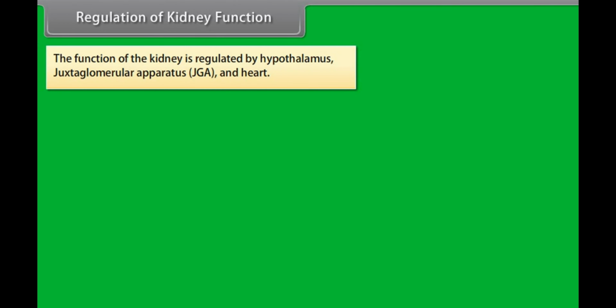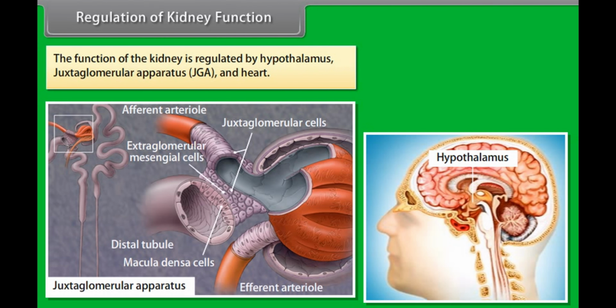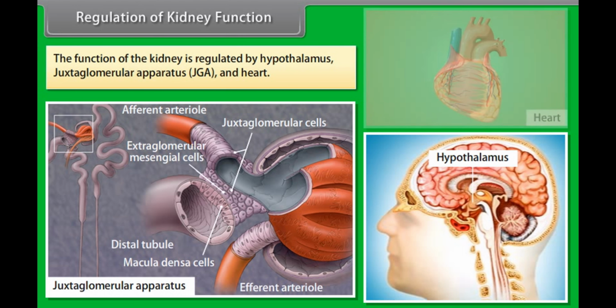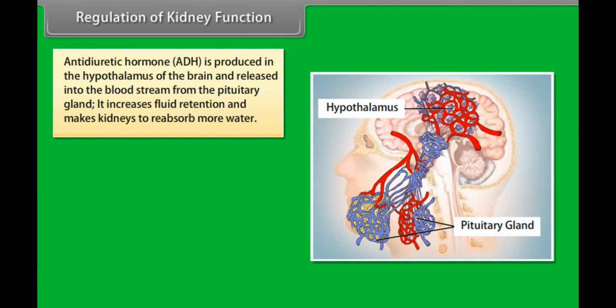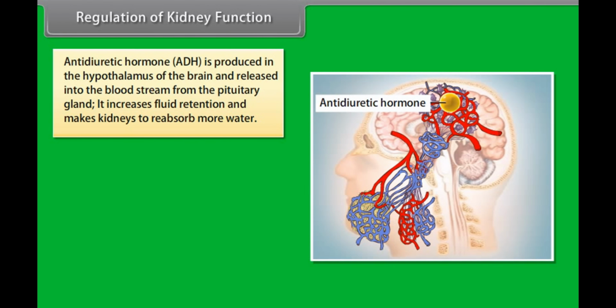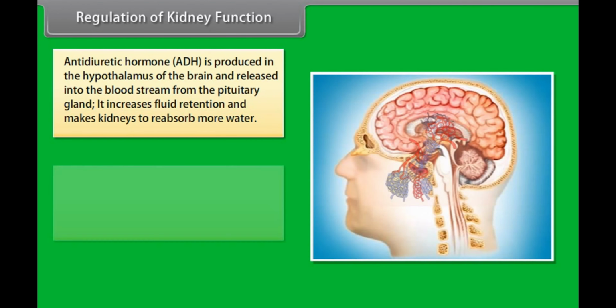Regulation of kidney function. The function of the kidney is regulated by the hypothalamus, juxtaglomerular apparatus, and heart. Antidiuretic hormone is produced in the hypothalamus of the brain and released into the bloodstream from the pituitary gland. It increases fluid retention and makes kidneys reabsorb more water.